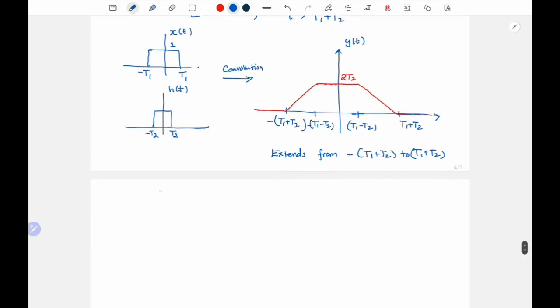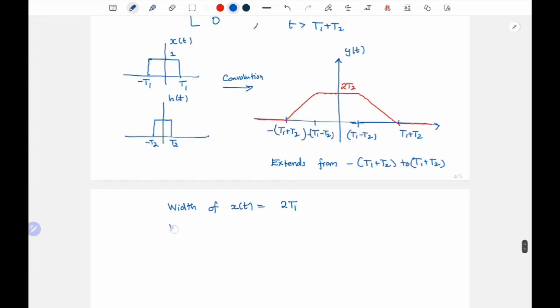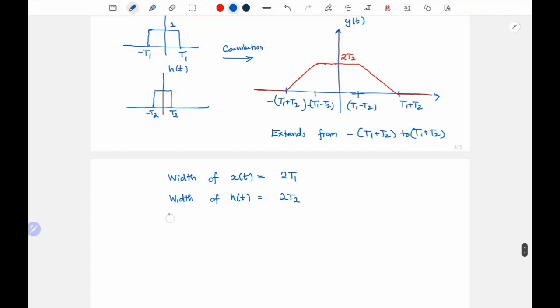If we look at the widths of the signals, the width of x of t is 2t1, from minus t1 to t1, the time interval where x of t is non-zero. And the width of h of t is 2t2. And what is the width of x of t convolved with h of t? This is 2 times t1 plus t2. So it is the sum of these two widths.